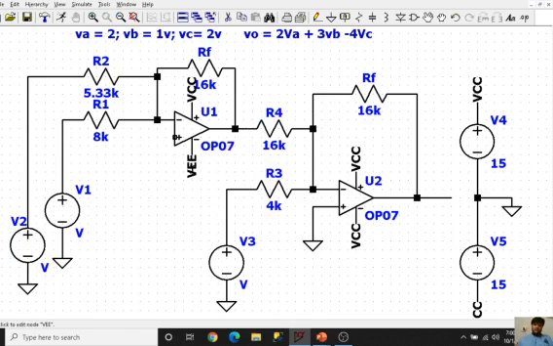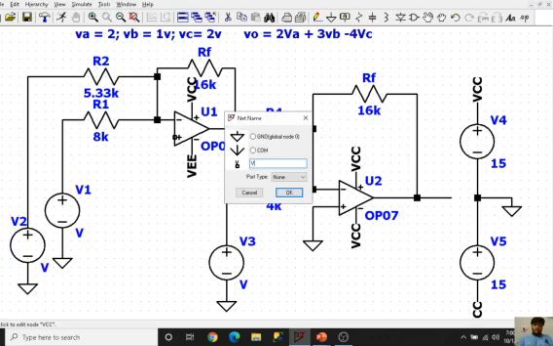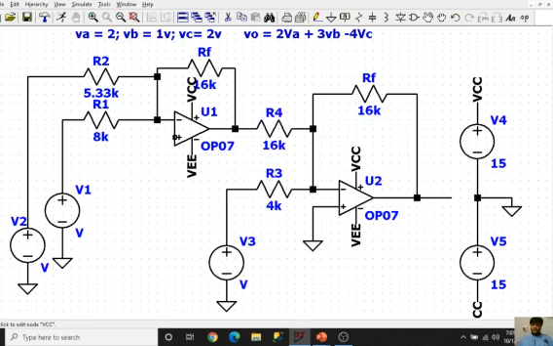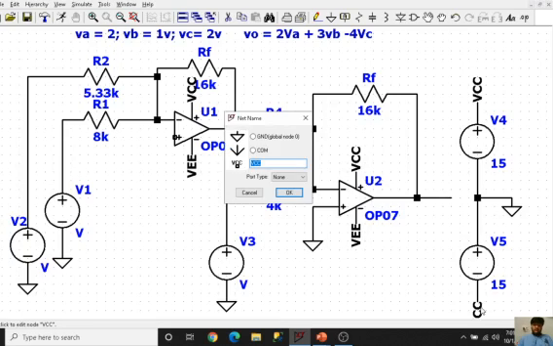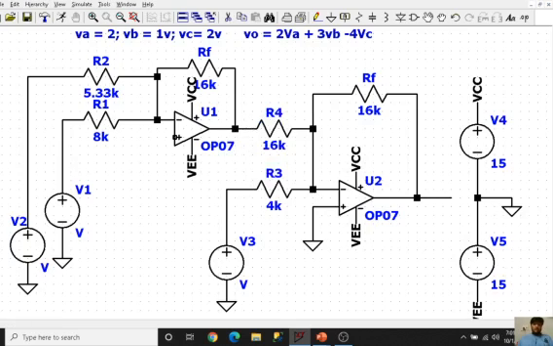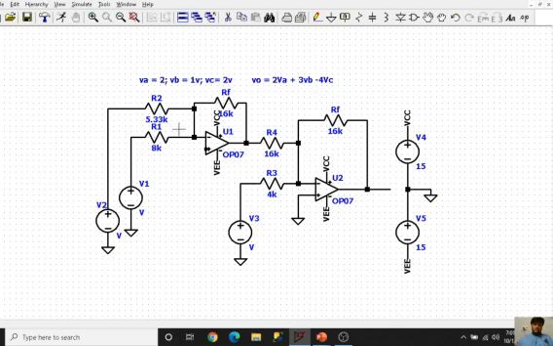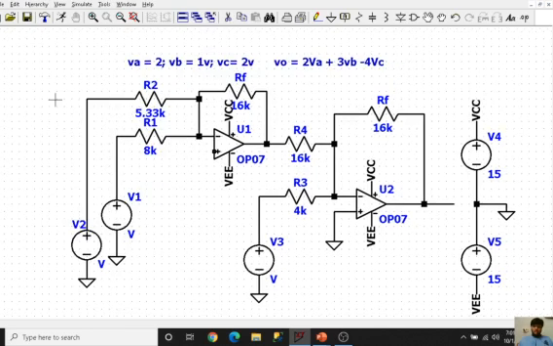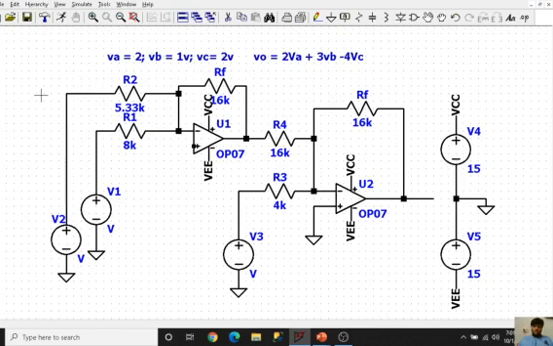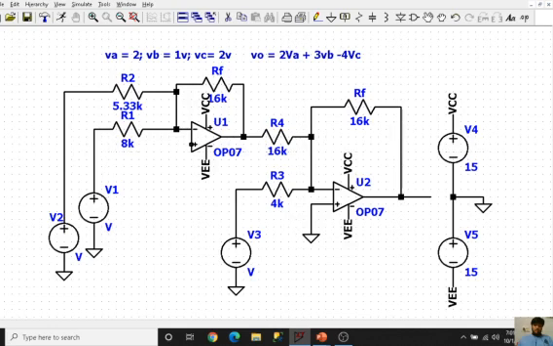VEE, this will be again VEE, and also this as VEE. Again I have missed a ground terminal over here. These are the small errors which we make, which don't result in a proper output.